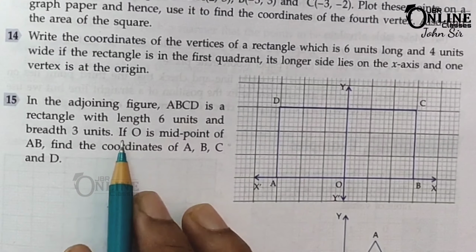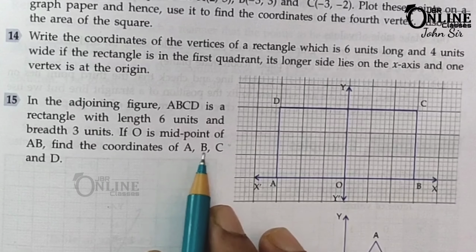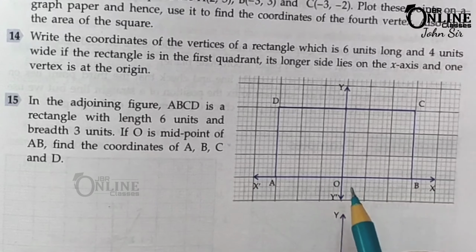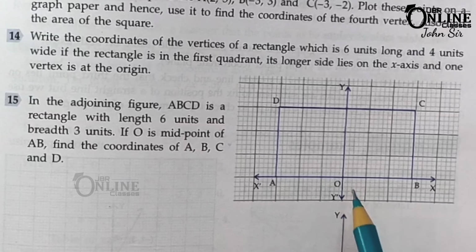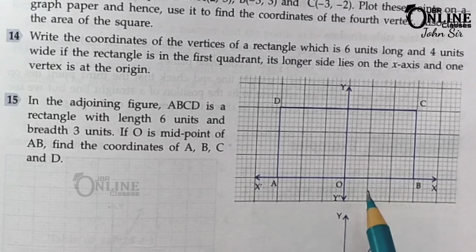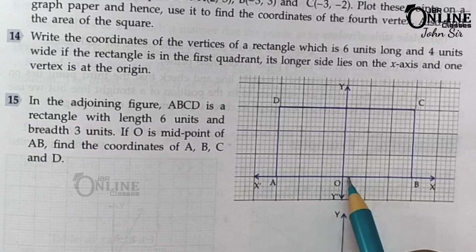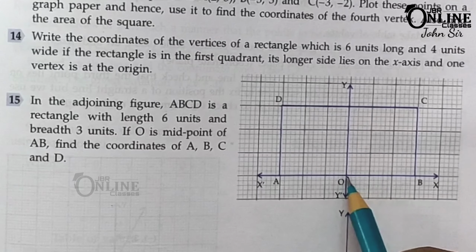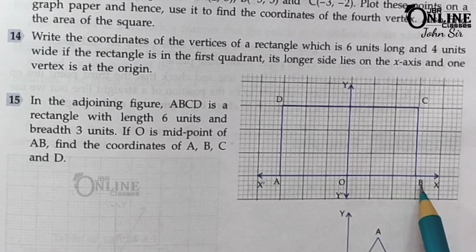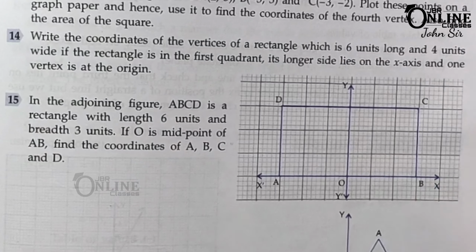Remember that. If O is the midpoint of AB, then find the coordinates of ABCD. So as O is the midpoint, you know the coordinate of O, that means origin, so 0 comma 0. Now as the side of each box equals 1 unit, from O to B that equals 3 units, because 1, 1 and then 1, so 3 units.